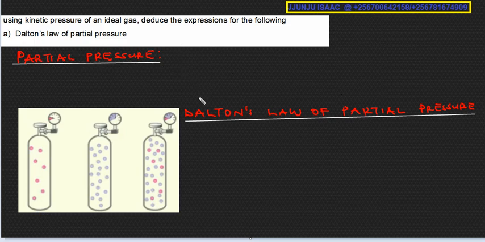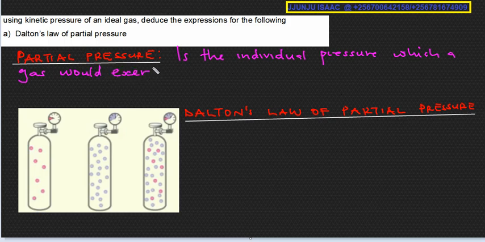Partial pressure is the individual pressure which a gas would exert if it alone occupied a vessel or a container originally occupied by the mixture.